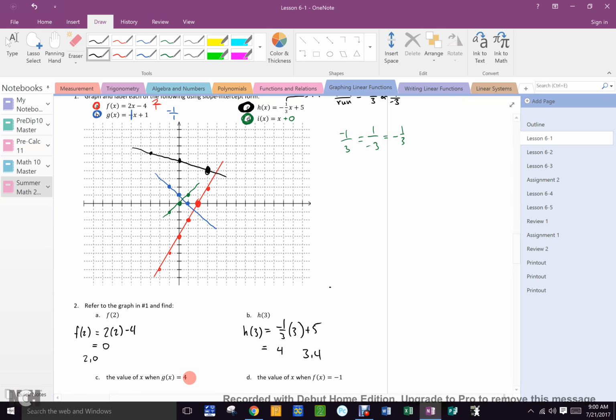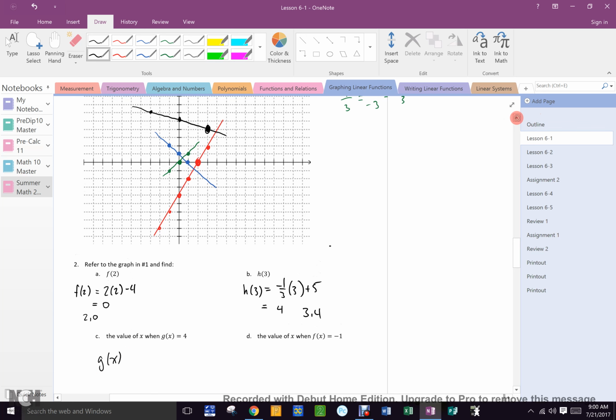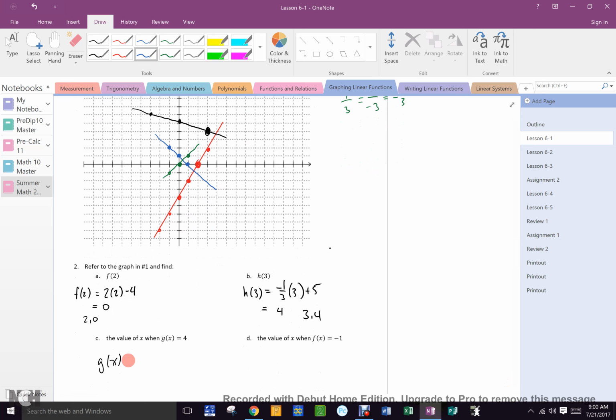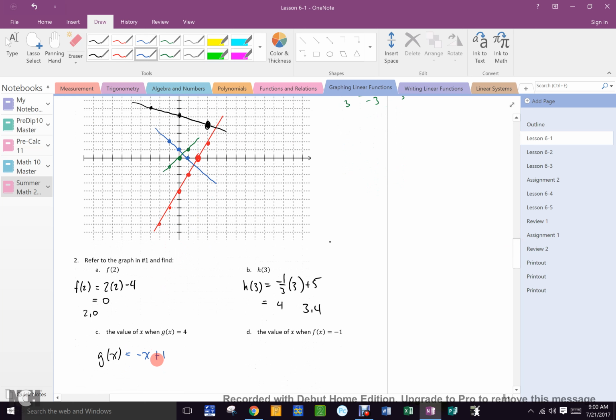So if I was going to do it algebraically for G of X, wait a minute, G was what color line? Blue. G of X equals negative X plus 1, right? Where does that 4 go? Does it go for X or does it go for G of X? G of X. So it's 4 equals negative X plus 1.